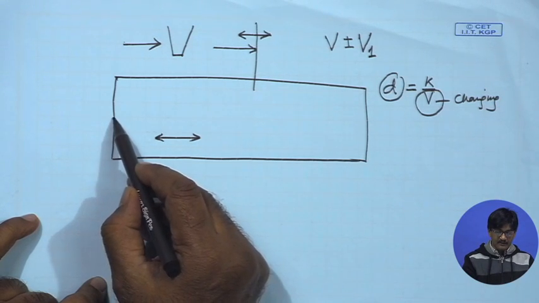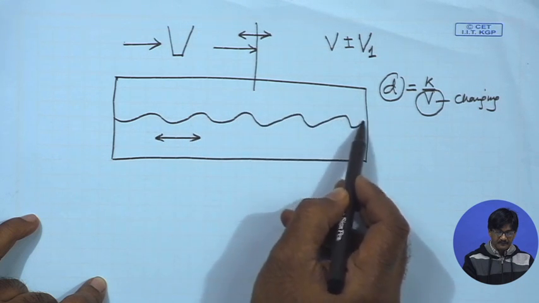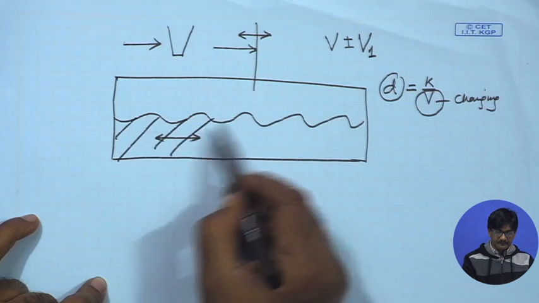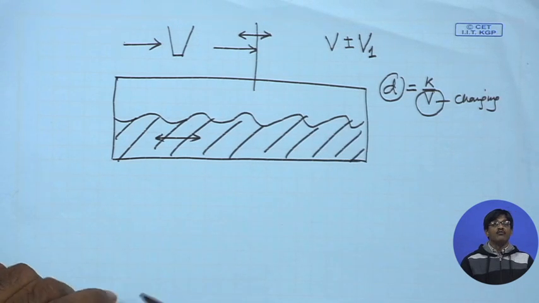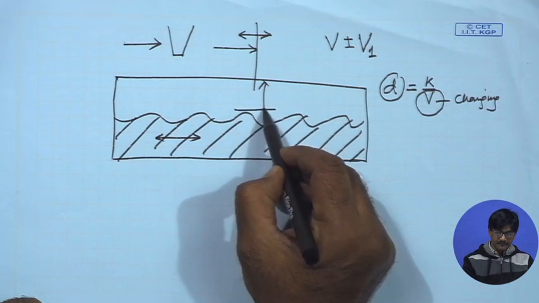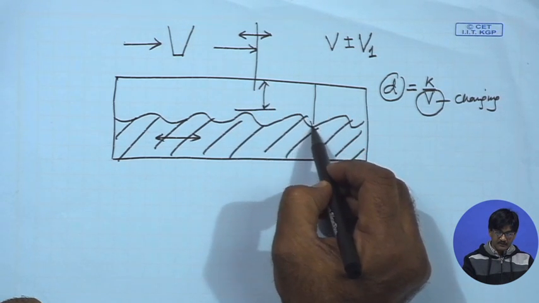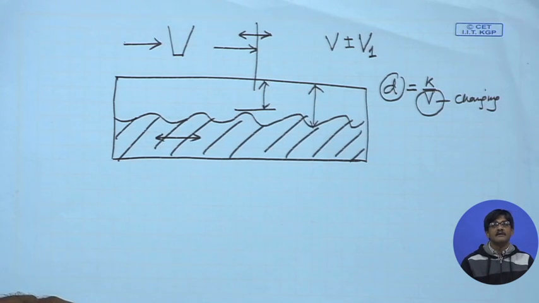Groove depth will be like this. So, we need to find out the maximum and minimum groove depth. This is the minimum and this is the maximum, and whether they are within limits. So, as easy as that.